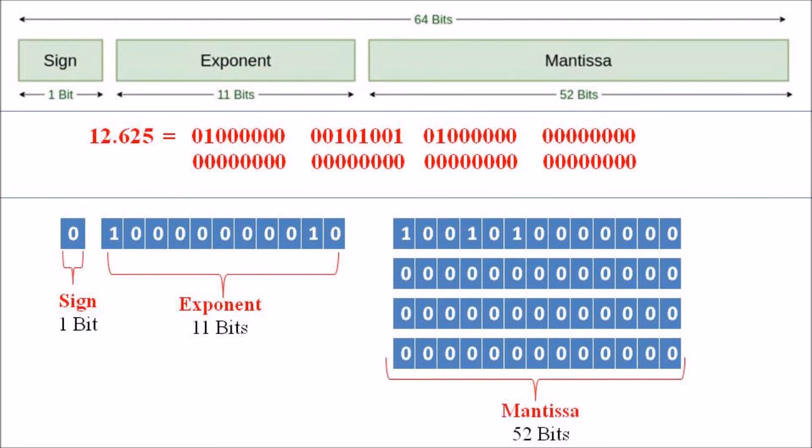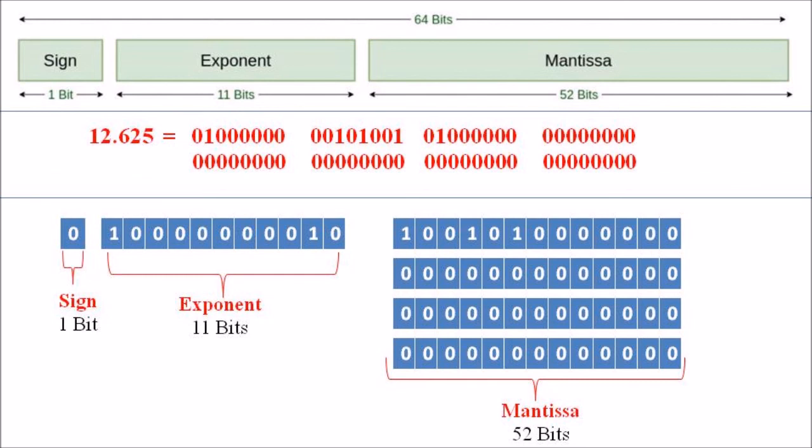The 11 bits are for the exponent, so the exponent is 10000000010. Finally, 52 bits are reserved for the mantissa portion, so our mantissa is 100101, and the remaining bits are simply 0 in this IEEE format. So my dear students, this is how we represent the decimal number 12.625 in IEEE 754 64-bit format.